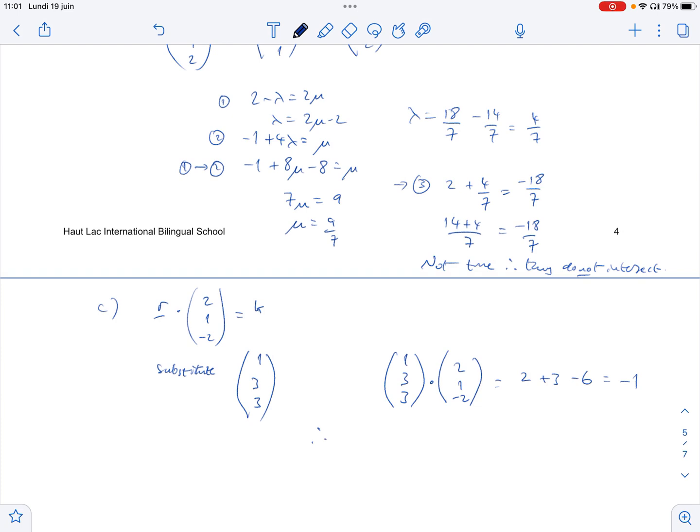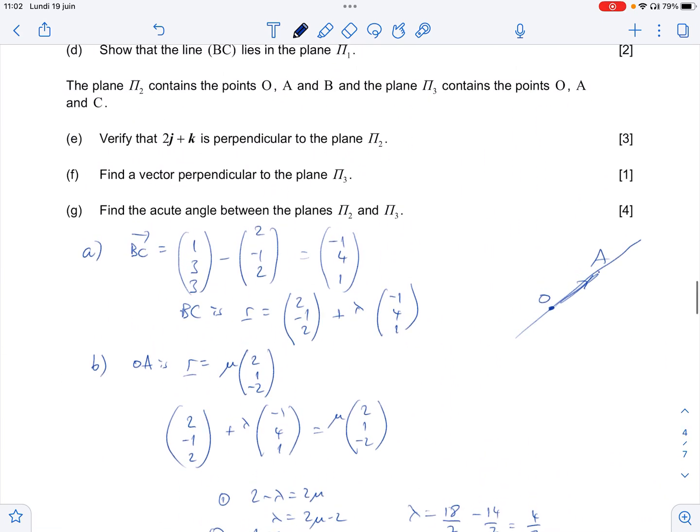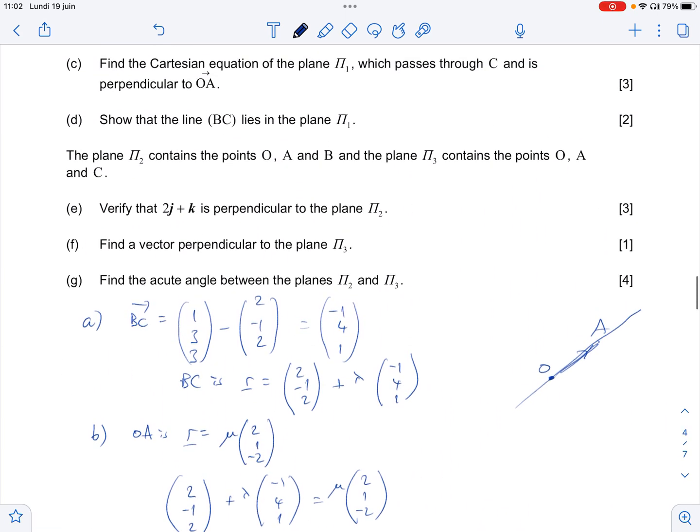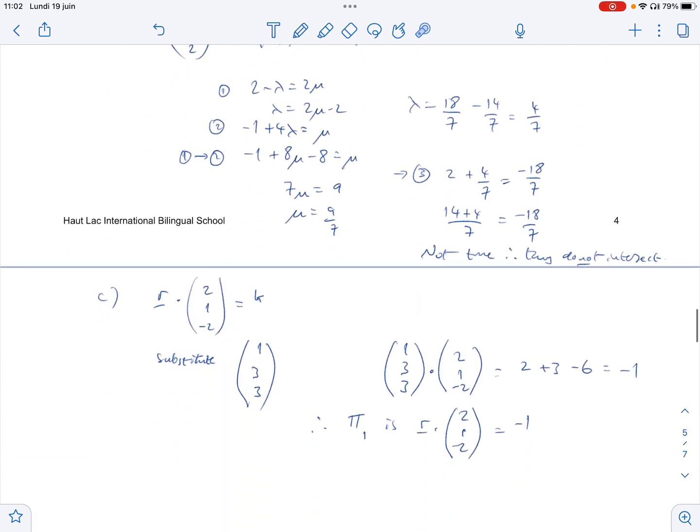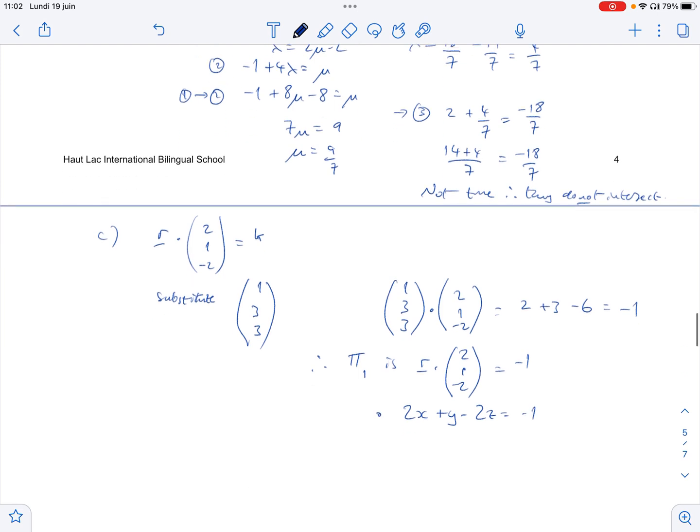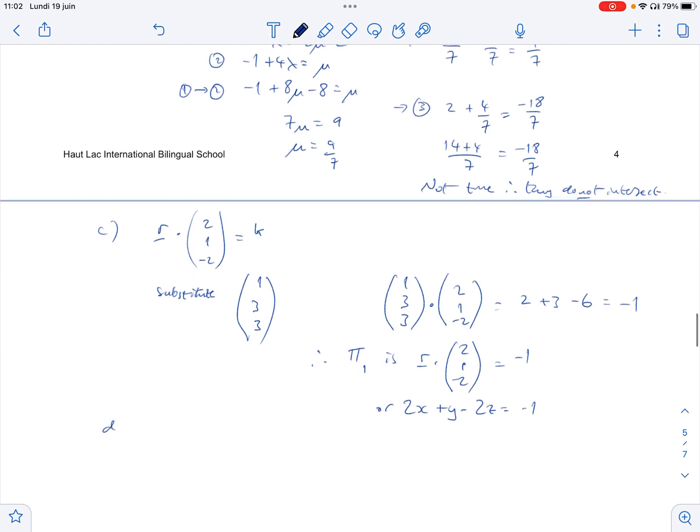Therefore, pi 1 is r dot 2, 1, negative 2 equals negative 1. And did it want it in Cartesian? Cartesian, yes, so we need to put x, y, z in here, which gives us 2x plus y subtract 2z equals negative 1. So that's pi 1 done.